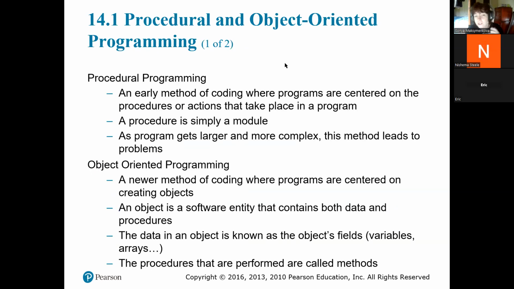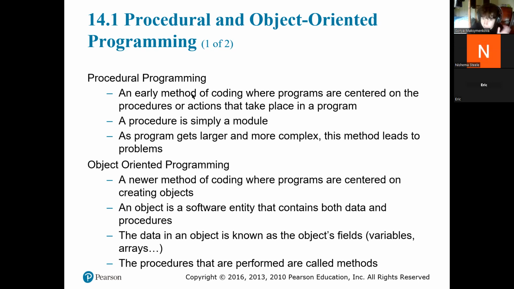Anyway, before we start talking about object-oriented, let me introduce you to procedural programming. Procedural programming is basically what we've been doing this whole class, and it's just defining variables and defining methods. It's all that we've been doing, putting them all in one program in your main class and just going with it.